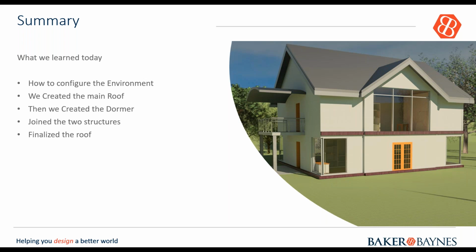We then created the main roof structure on that specific floor plan. And we then created the dormer, and we used those two main tools to join these two roof structures together. We then finalized the roof a little bit by adding some fascia boards. And as you can see on the right side, this is how a render will look like of this specific house when everything is done and completed.